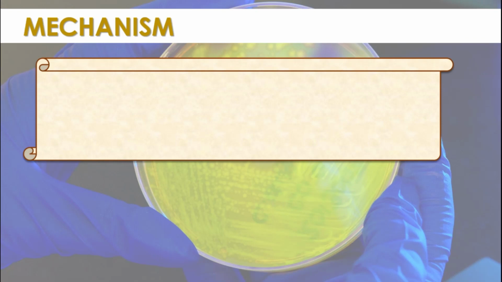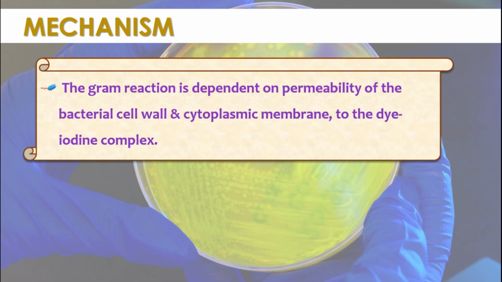One concept is that the gram reaction is dependent on the permeability of the bacterial cell wall and the cytoplasmic membrane to the crystal violet diiodine complex.